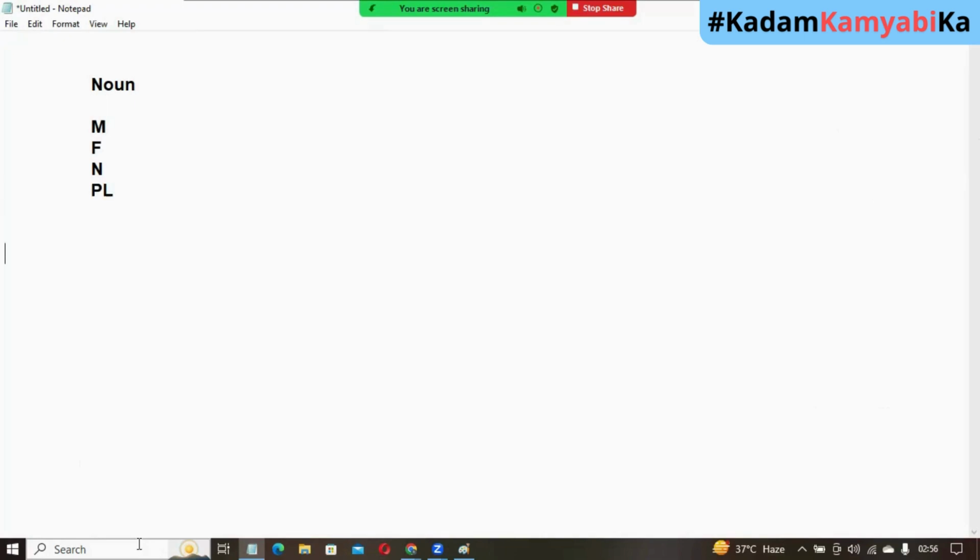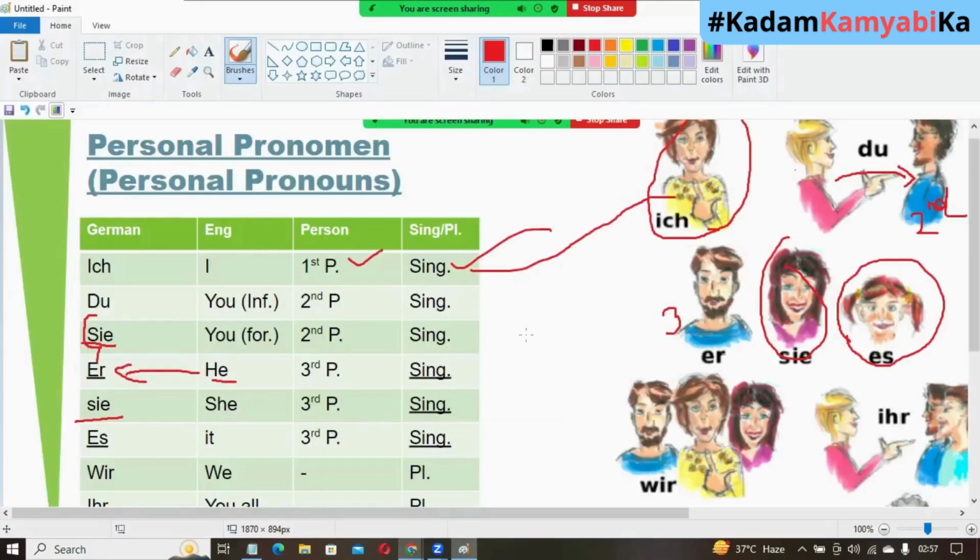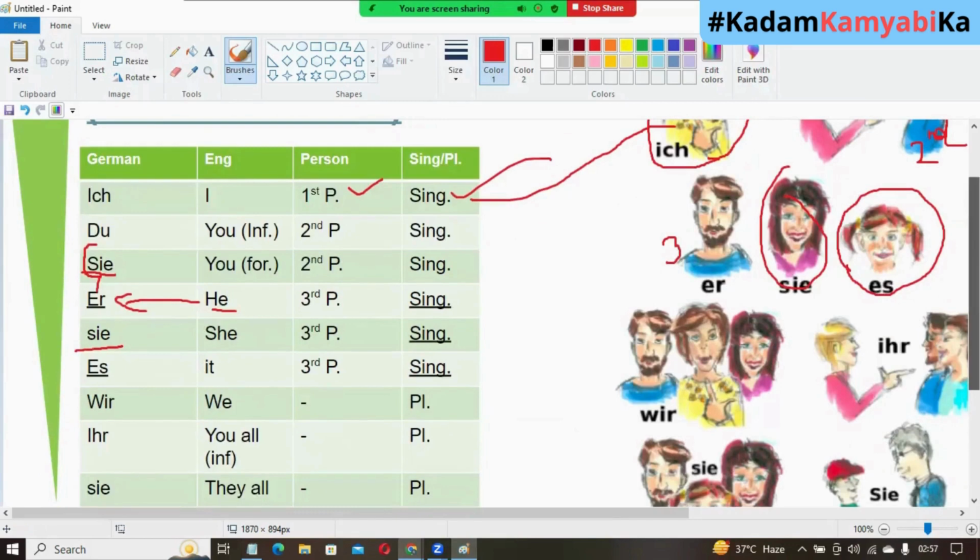So in German, girl is called Mädchen, and the article for it is neutral. Hence, we are using es to refer to the girl. It will be more clear to you in the coming slides when I explain. But right now, just keep in mind that es is being referred to the girl, which is Mädchen in German.